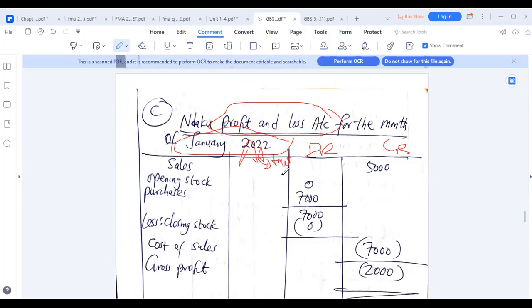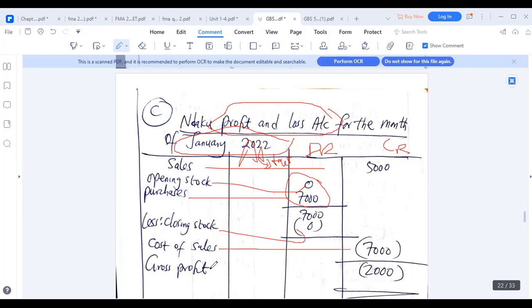Then we find our sales. Then opening stock is the stock that the business can start with, and the opening stock was 0. The purchases was 7,000. You add these two and you get the total stock, less the closing stock of 0. You get the cost of sales at 7,000.